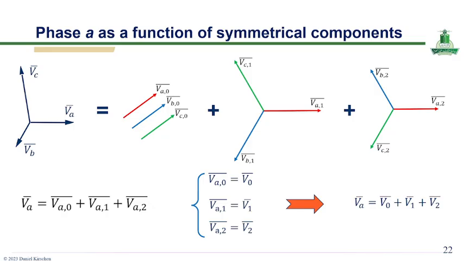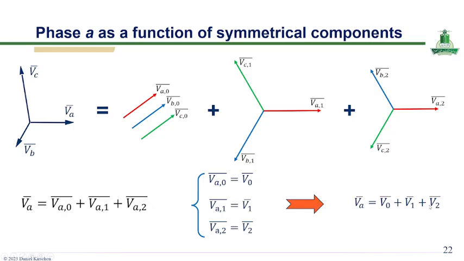By defining VA0 equal to V0, VA1 equal to V1, and VA2 equal to V2, we can simplify this expression to VA is equal to V0 plus V1 plus V2.